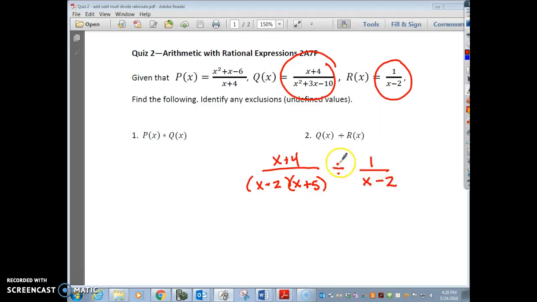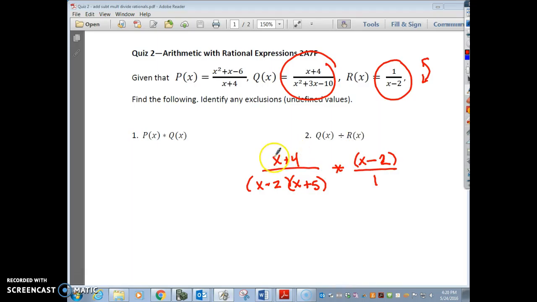But this is dividing a fraction. How do we divide a fraction? By multiplying by the reciprocal. We're going to switch. We're going to flip this R, and we're going to multiply by x minus 2 at the top over 1. Right? That's how we divide a fraction. We multiply by the reciprocal.